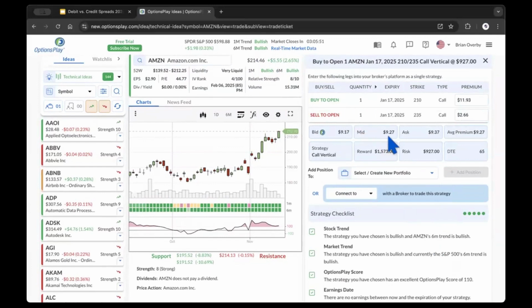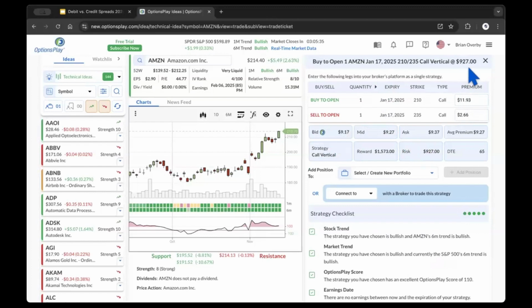If you can execute it at the midpoint, that's $9.75. This is the difference between the bid and the ask on the trade. This means this would cost you, for every 1-by-1 spread that you put on, $927 would be your max risk.